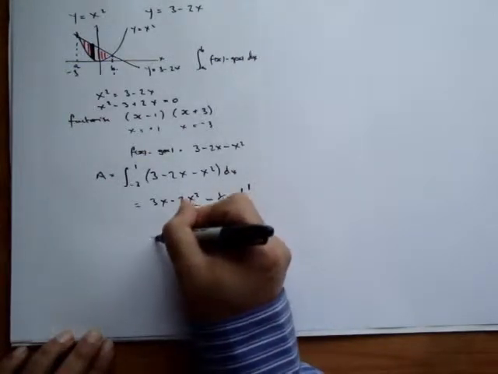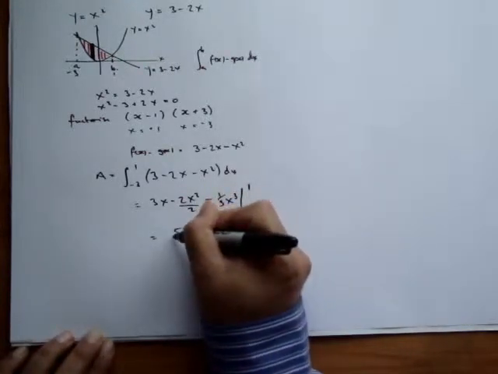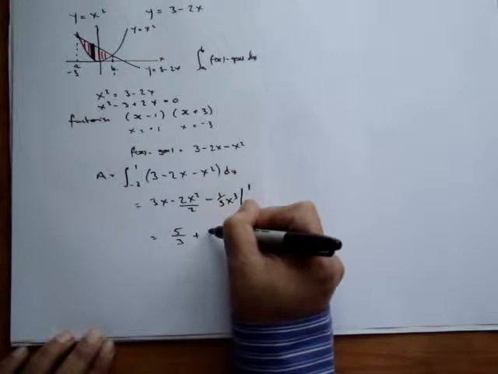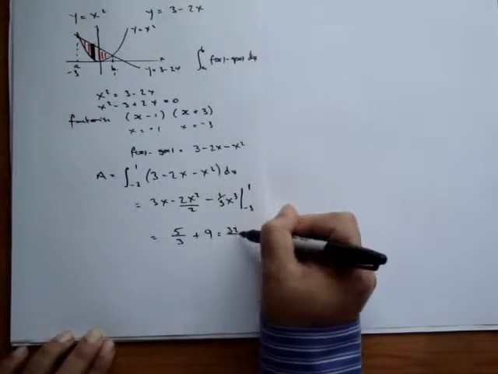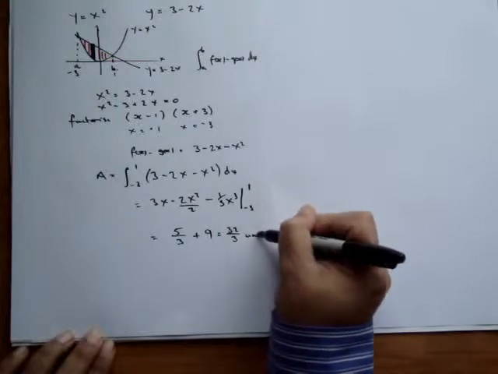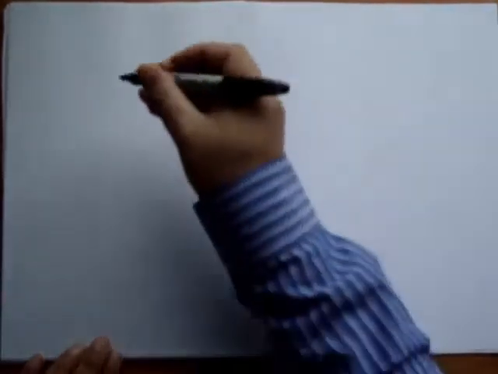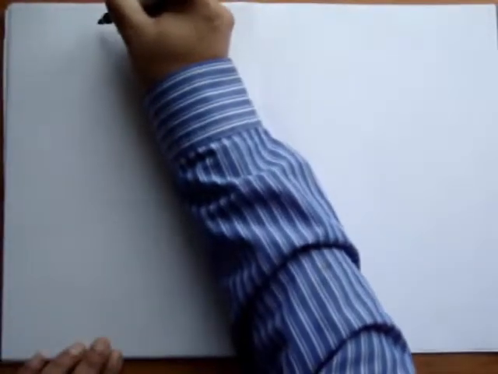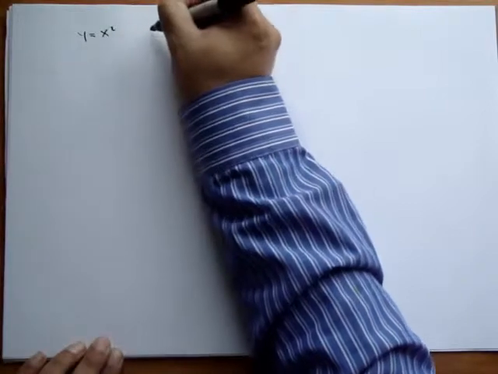And then when we work that out, this becomes 5 over 3 plus 9, which equals 32 over 3 units squared.